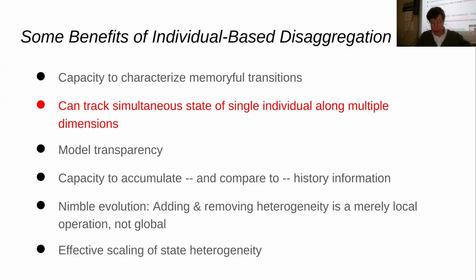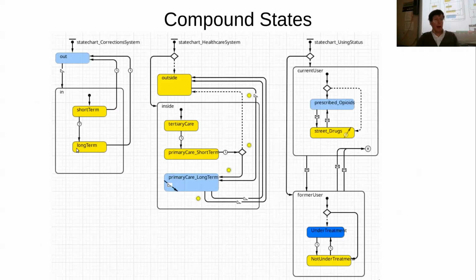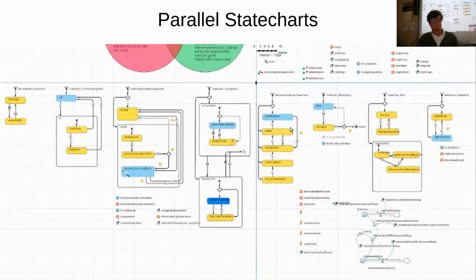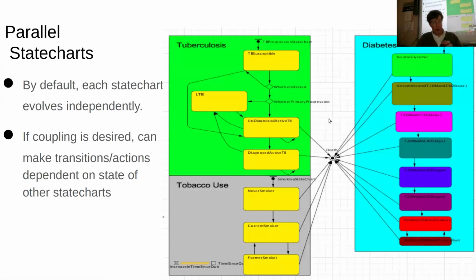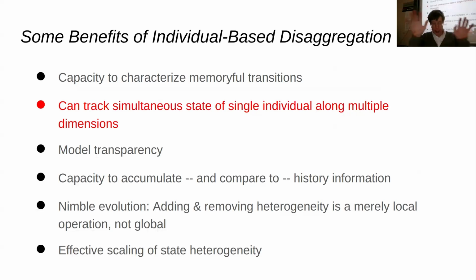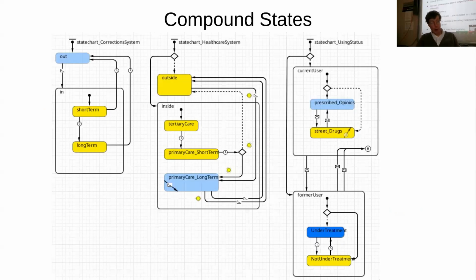That is convenient. As a matter of separation of concerns, we can characterize concerns related to the correction system here, to the healthcare system here, to their status with respect to using opioids here, and their attitudes with respect to or readiness for behavior change here, etc., and have a nice parceling out of our concerns into different specific representations.